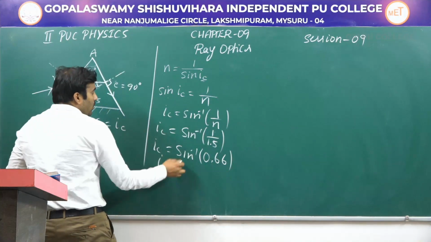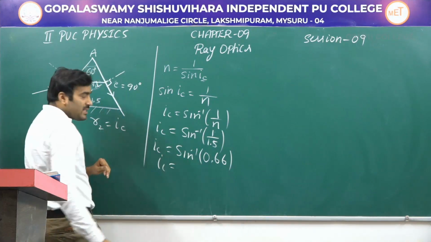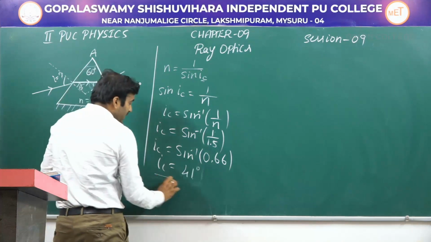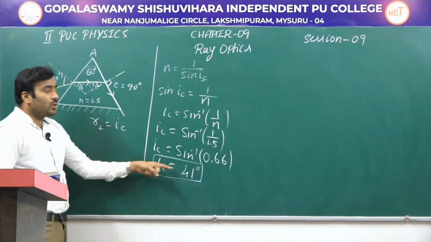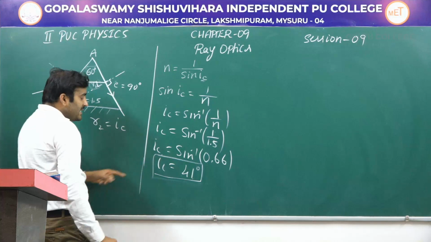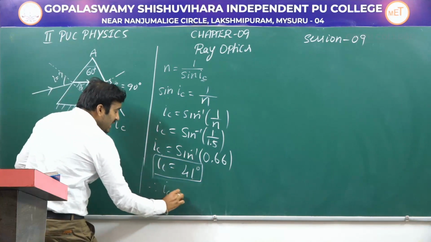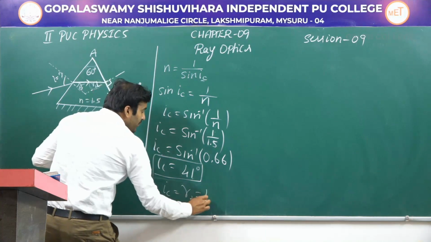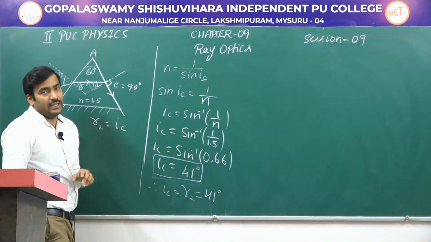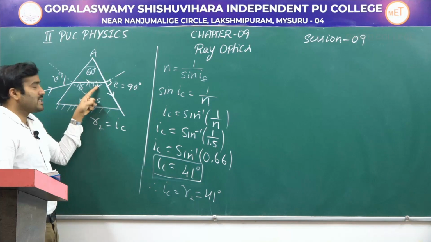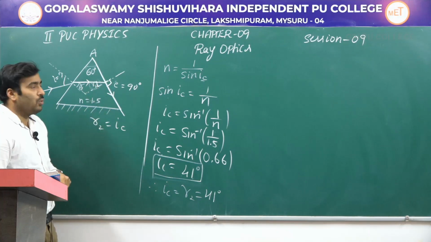Correct? If I find the sine inverse of 0.66, we get 41 degrees. So IC is equal to 41 degrees. This IC is equal to R2. Therefore, IC is equal to R2, which is equal to 41 degrees. So we found the value of the angle of refraction R2.